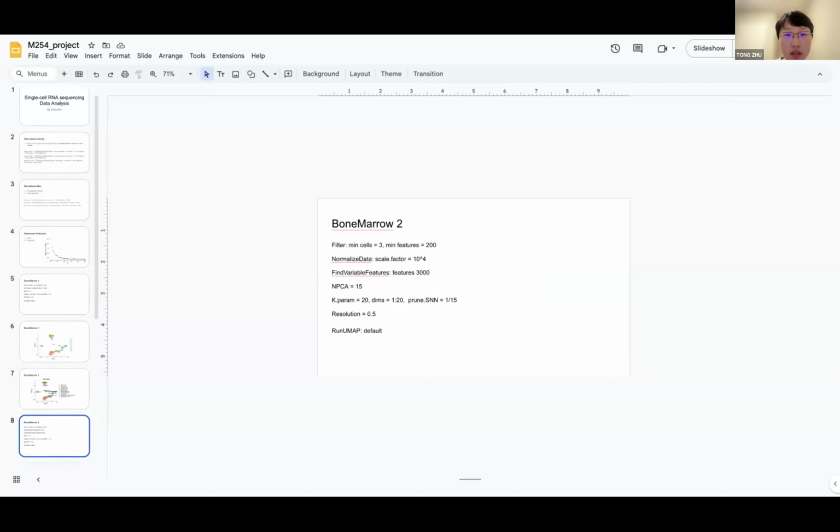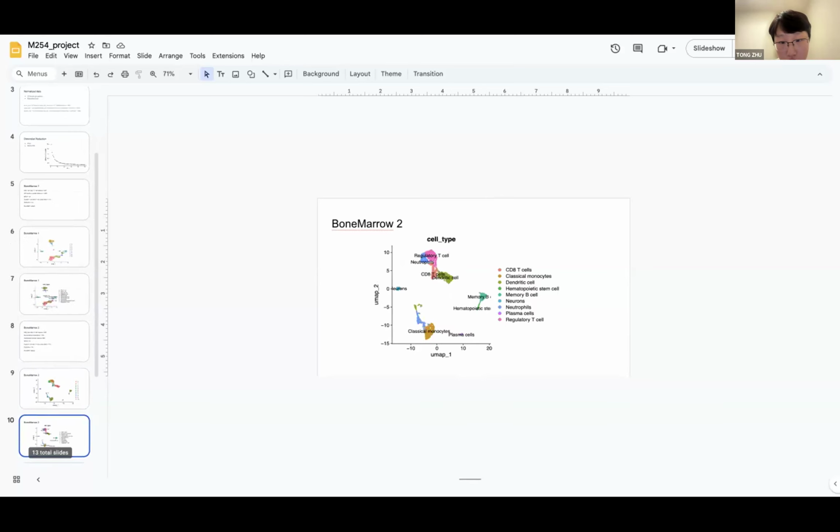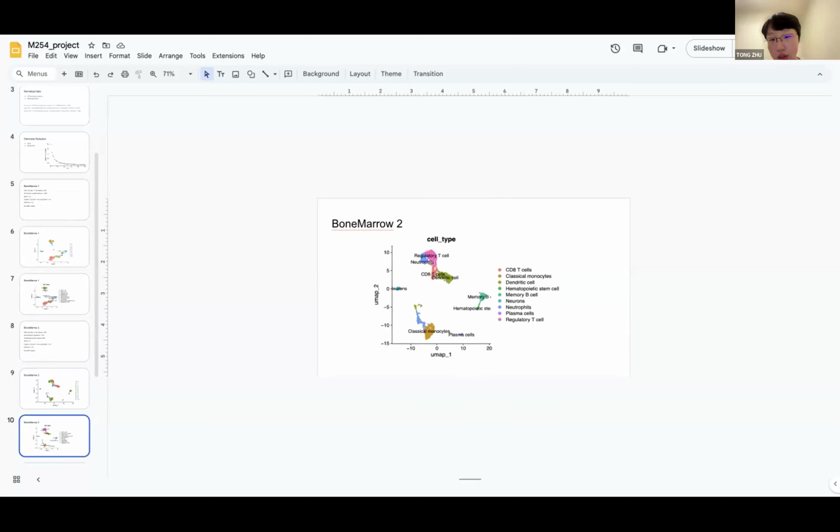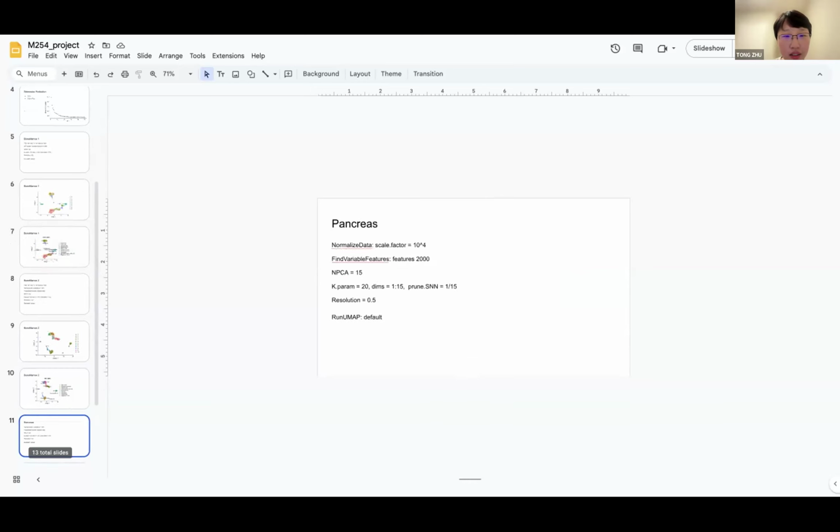I also did a similar thing for dataset two. Here are the parameters I chose for the second dataset. This one gives me 11 clusters, and here are the results. Because I'm not very familiar with the biology, at least those clusters look good to me.